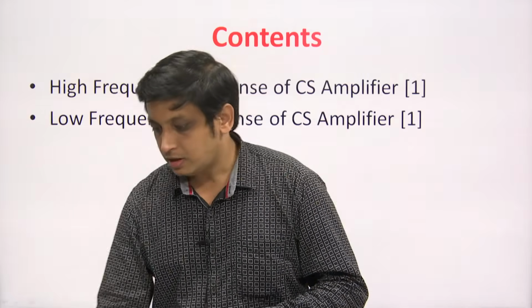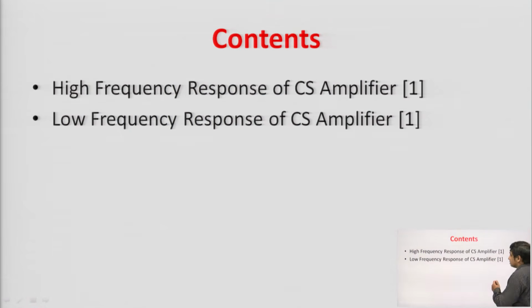In this class, I am going to discuss the high frequency response and the low frequency response of the CS amplifier, that is, the common source amplifier. Before this, in lecture 11, I had discussed the frequency response of the CS amplifier.